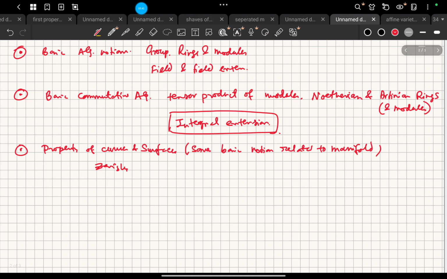Now let us come to the books. So I will just make a partition here. So for algebraic geometry, we'll mostly follow the book named Algebraic Geometry by Robin Hartshorne.